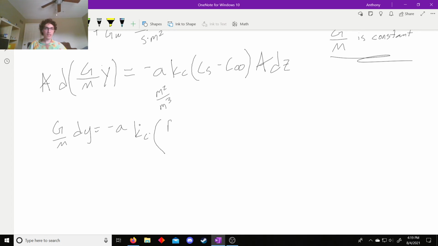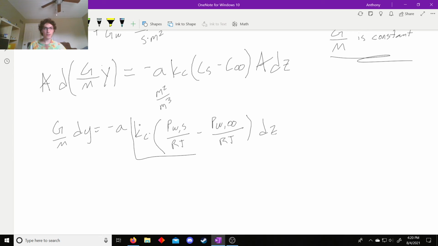So what we can say is the partial pressure, well, okay, I don't want to skip any steps here. This is going to be the partial pressure of water at the surface divided by RT minus the partial pressure of water far away from the surface divided by RT. And we have dz.